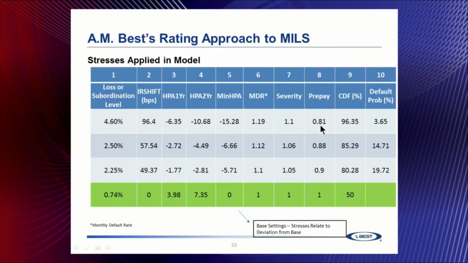Prepayment is lower by 20%. All this is relative to the base case. All these model stresses here are on top of the macro stress. For the next few slides, we will show the HPI, default rate, severity, prepayment rates, and aggregate loss over time.